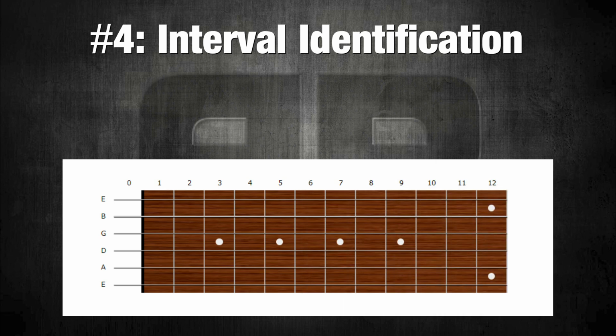Quiz question number 4. I will now play an A note followed by a mystery interval, and it's your job to figure out what the interval is in relation to A if we treat A as the root note or reference. Ready?